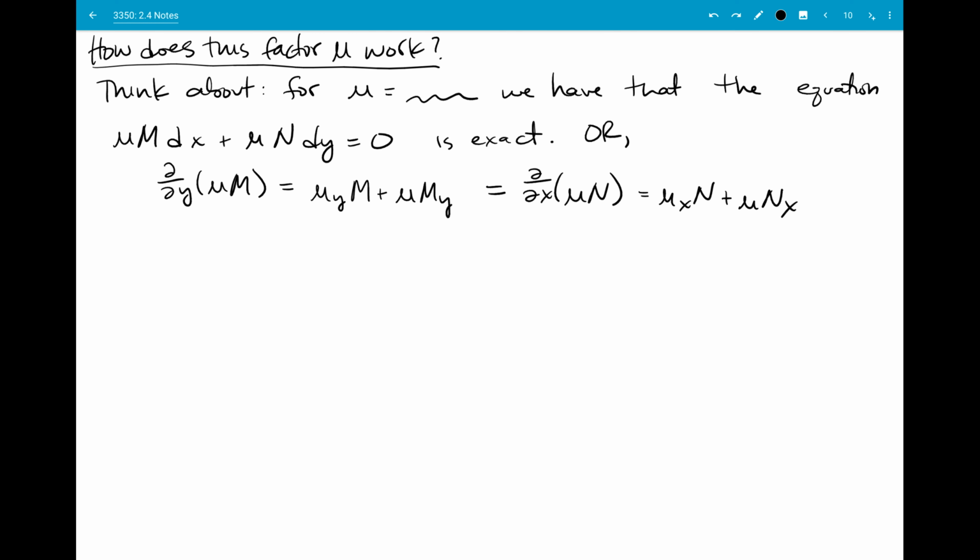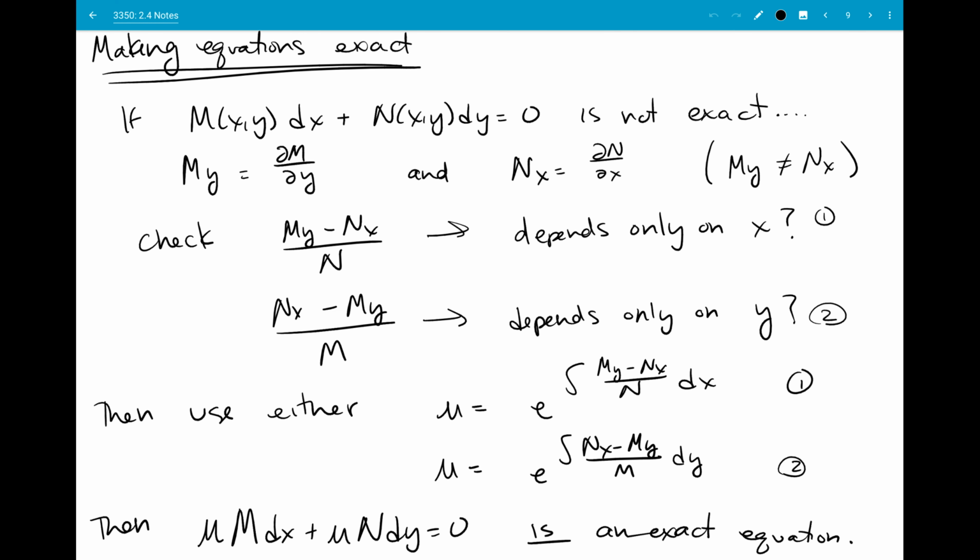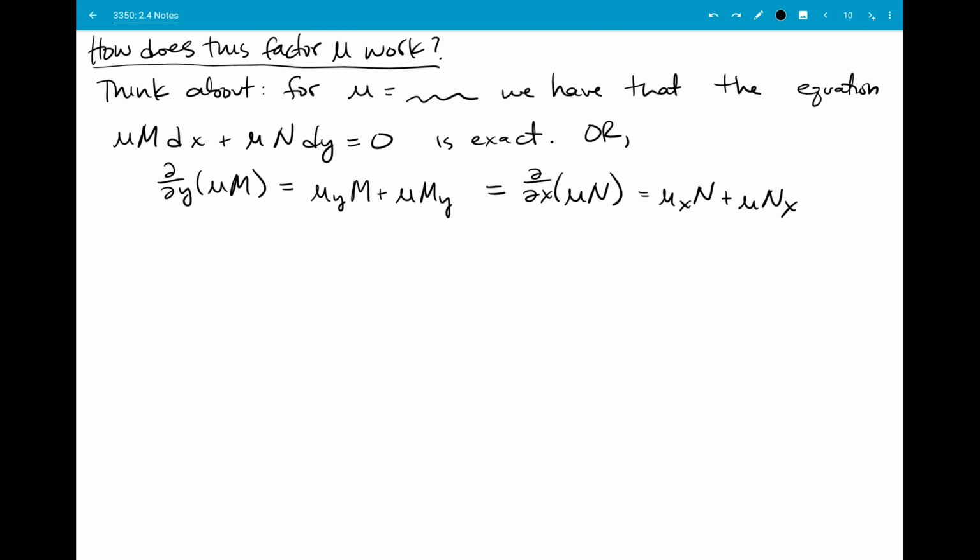So then we're going to think about the first case, if mu only depends on x. If we said suppose mu only depends on y, we would follow similar steps.